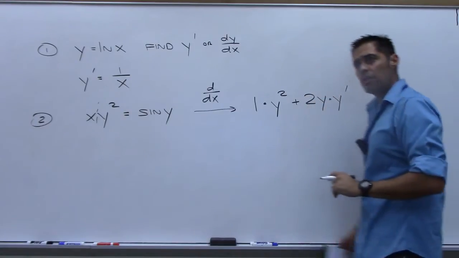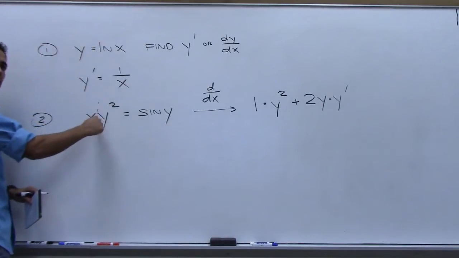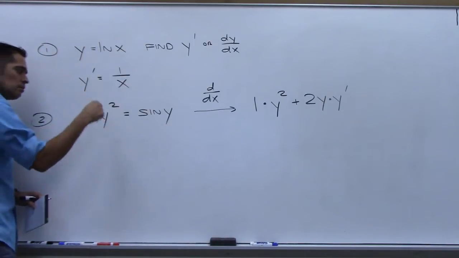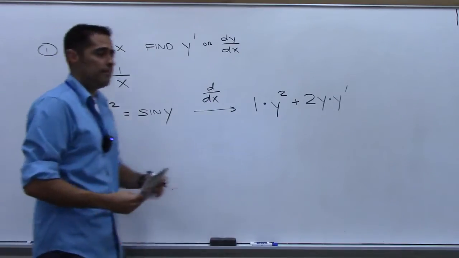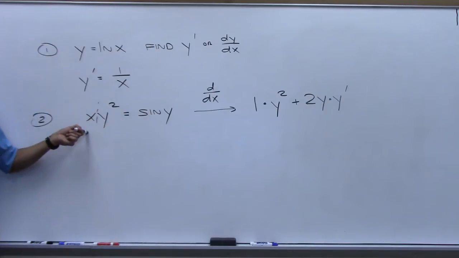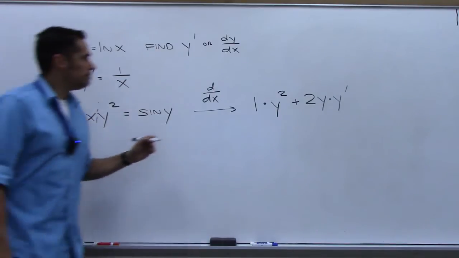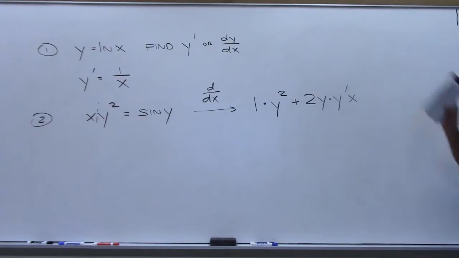And that's the trickier part, because when you take the derivative of y squared, the 2 drops. But then you have to take the derivative of the base itself, which was the derivative of y, which is where you get the y prime from. But then you have to finish off by multiplying by x, and that completes the product rule.